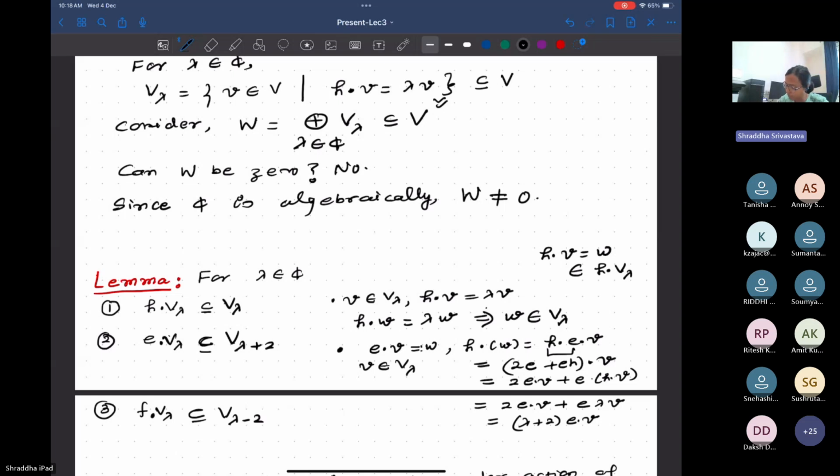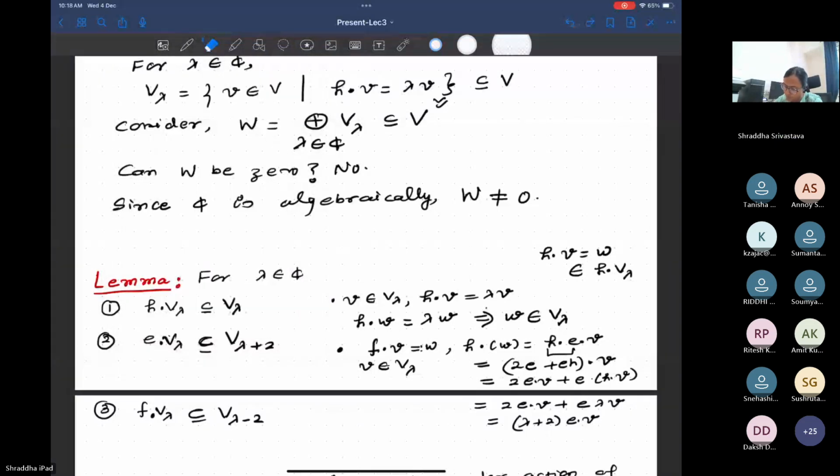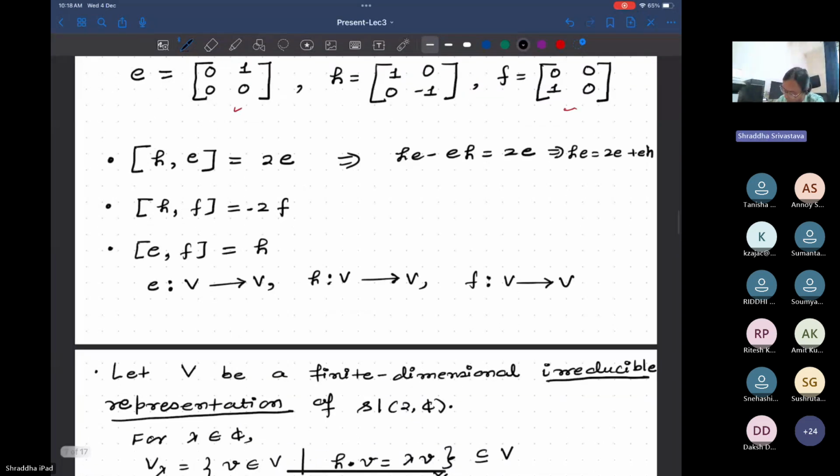So same proof you do, instead of E, now you replace it by F. So that's what I'm going to do here. So write F everywhere you had. Now I should use the commutator for H and F. Commutator of H with F is minus 2F.